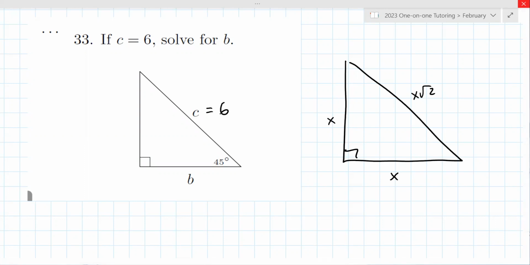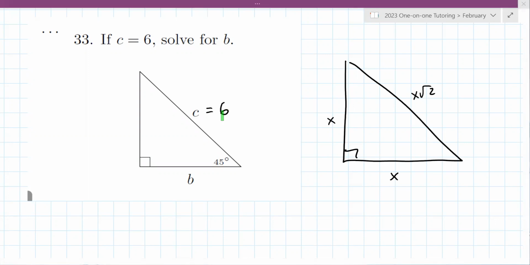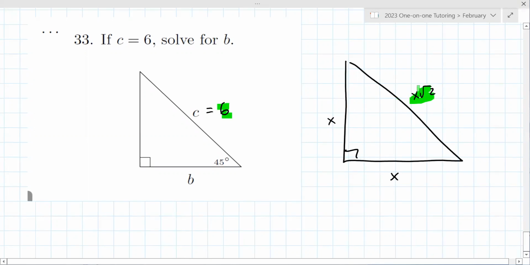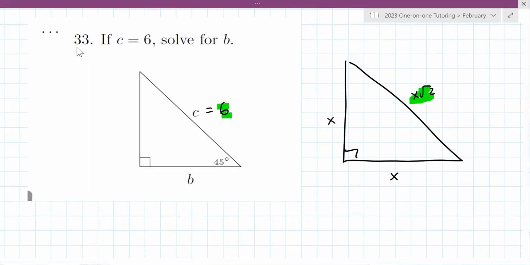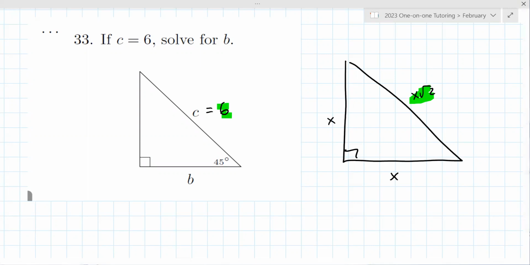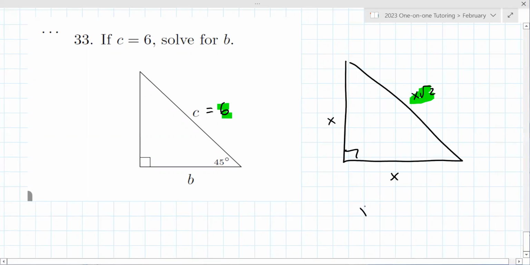So you want to set the known side equal to the reference side. You want to set this 6 equal to this and solve for x. So that'll be 6 divided by the square root of 2 equals x. Yes, but you can't leave it like that.